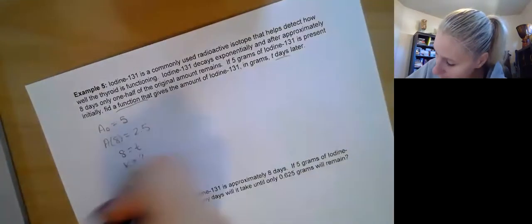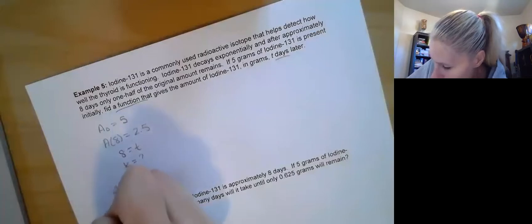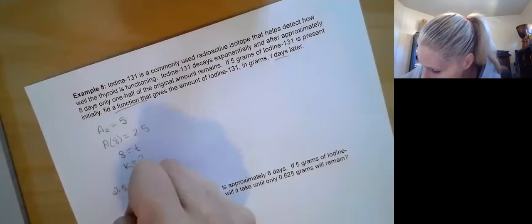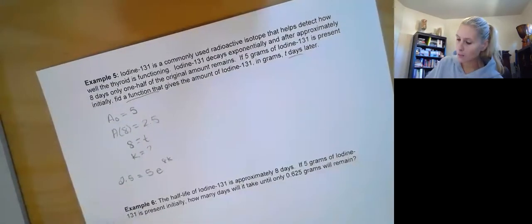All right, what does that mean? That means that 2.5 equals 5 times e to the 8k, right? I'm going to solve.